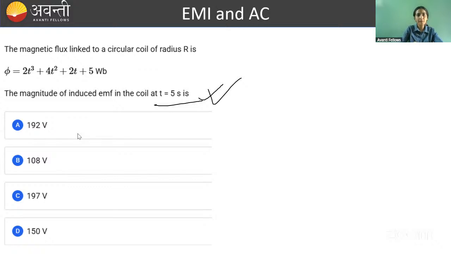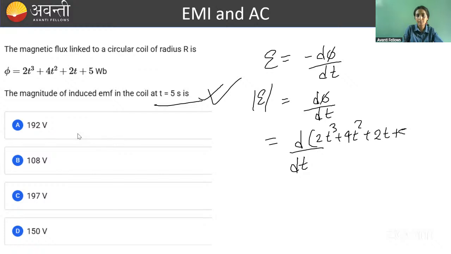So what is the question? Phi is given. EMF you have to calculate. So EMF is written as what? Minus d phi by dt. If you have t square plus 2t plus 5 ... okay.